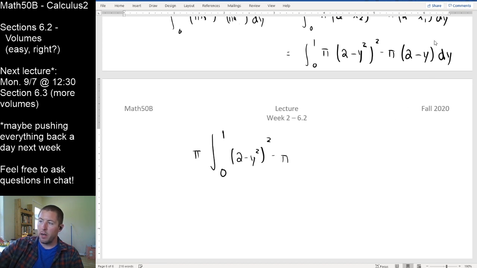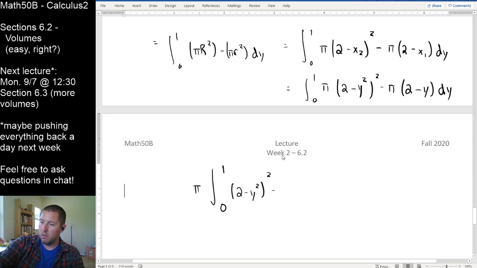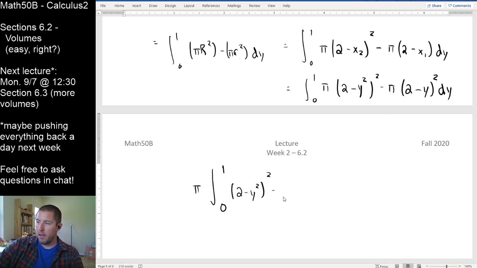Oh, by the way, I dropped a squared here. Pi r squared. Oh, and now I'm getting out of order. Already factored that pi out. That should be squared, but that pi has already been factored out. So I think this is what we're really looking at right here.